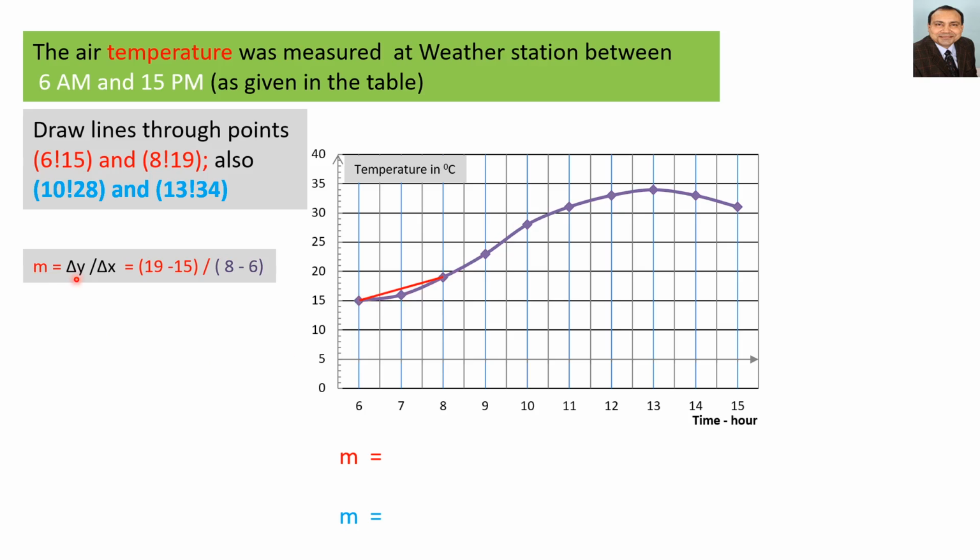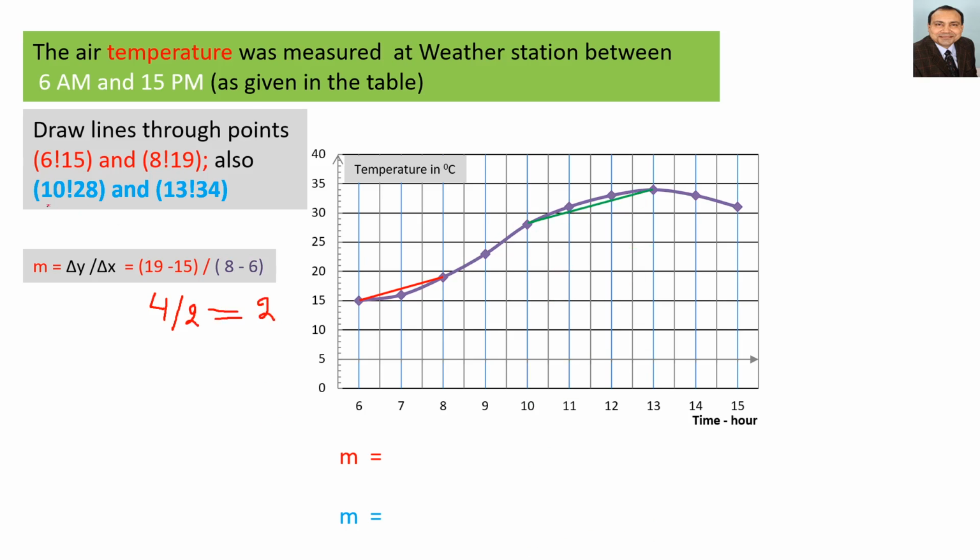M, the slope, is the average rate of change, that is difference in y over difference in x. So here 19 minus 15 is 4, 8 minus 6 is 2. So here is 4 divided by 2 equals 2.